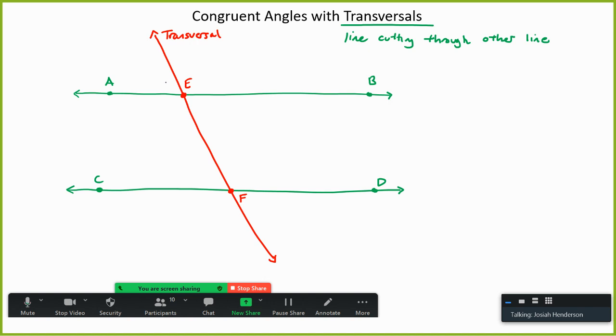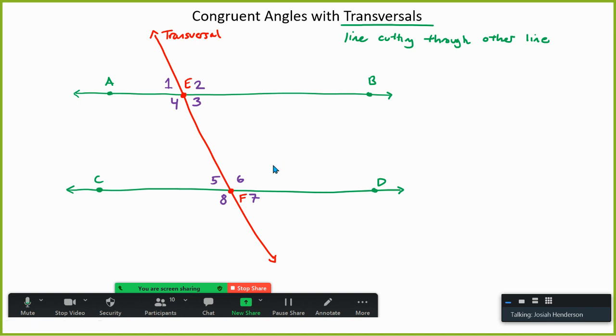So in purple, here's angle 1, angle 2, the wide one, and angle 3 and angle 4. So I'm just naming it around. And then below, we've got more angles created. This is angle 5, angle 6, angle 7, and angle 8.